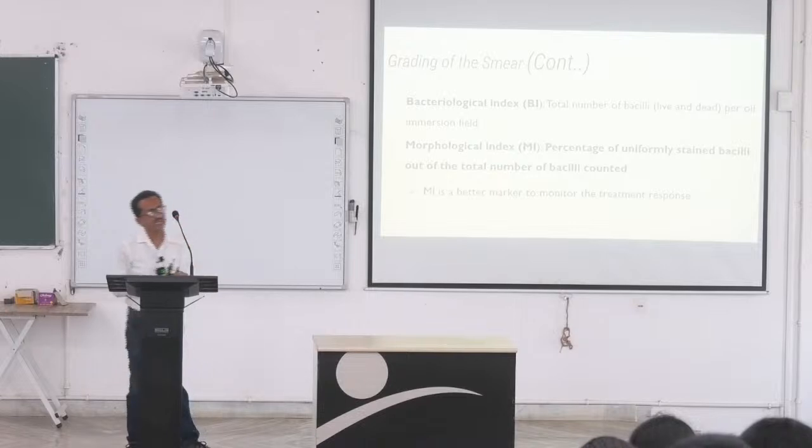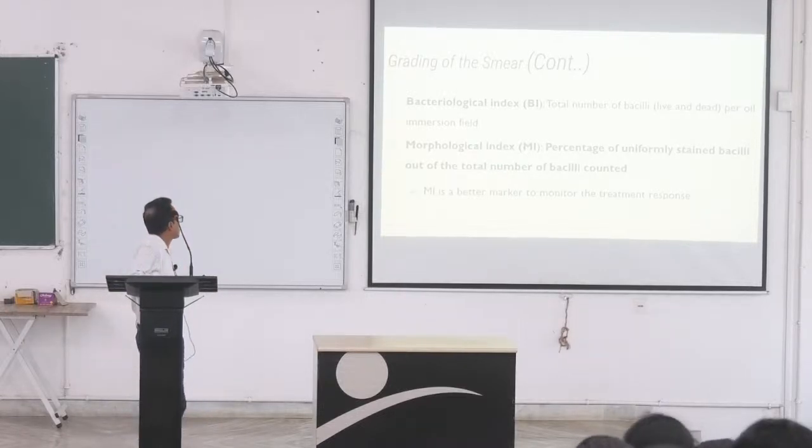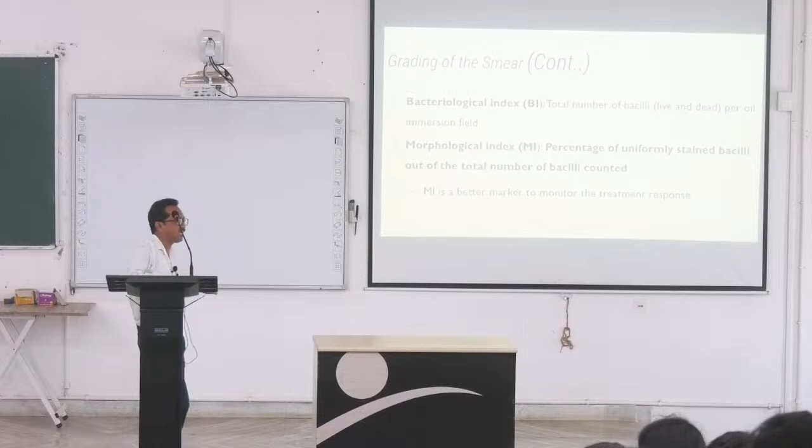Now, these are the two indices. Remember, they can come as short notes: the bacteriological index and the morphological index. The bacteriological index calculates all acid fast bacilli, whether live or dead, so it includes both live and dead per oil immersion field.